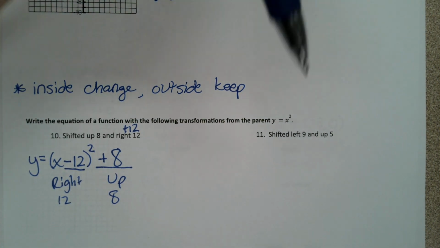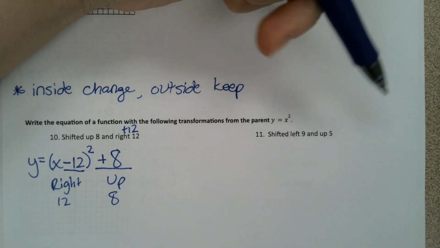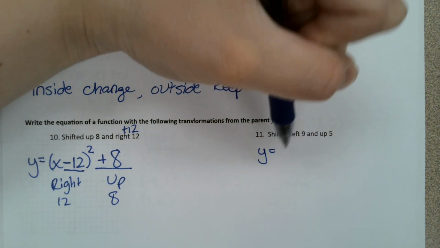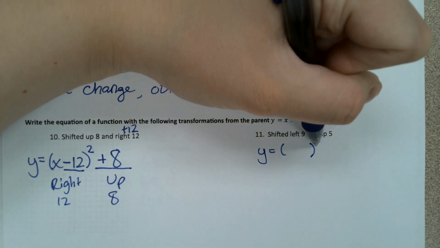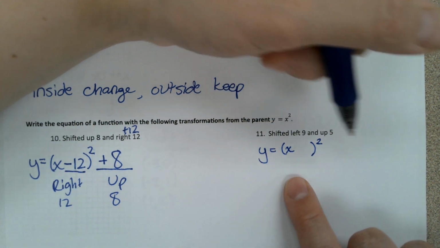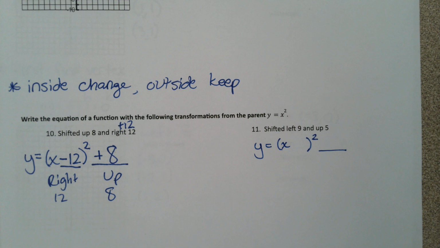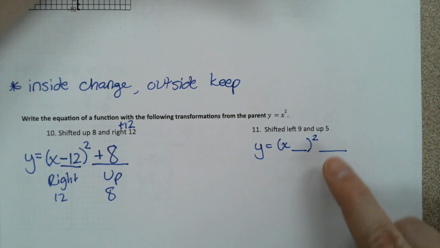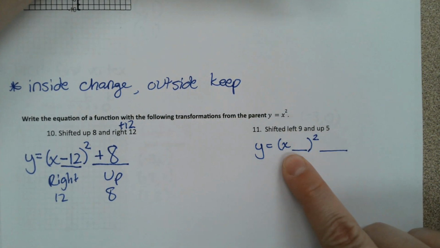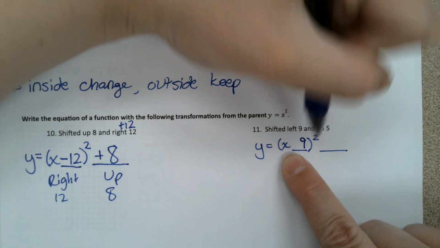Number 11, shifted left 9 and up 5. So again, we're going to start with that same template, if you will. And you can do this every time if you want. Even if one of these is 0, you could put plus 0. There's nothing wrong with that. It's not the most proper way to write it, but it's 100% still correct. Left 9, left or right, that's an x movement. So 9 is going to go here.